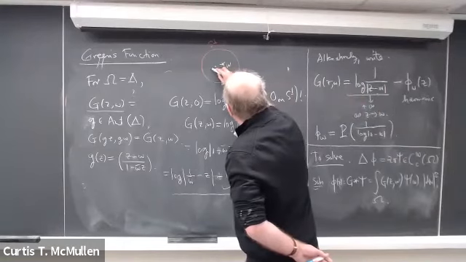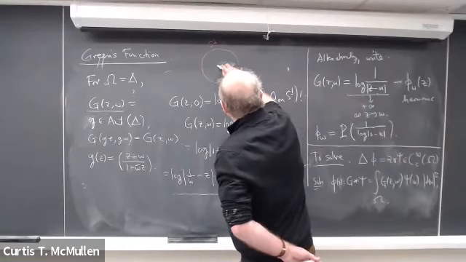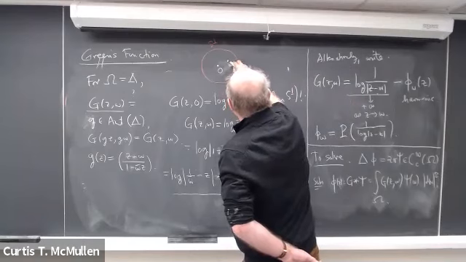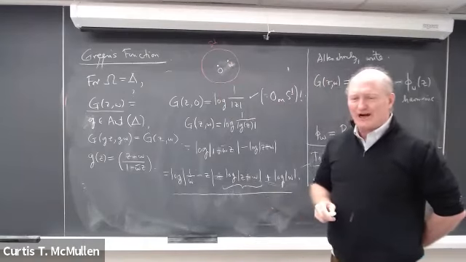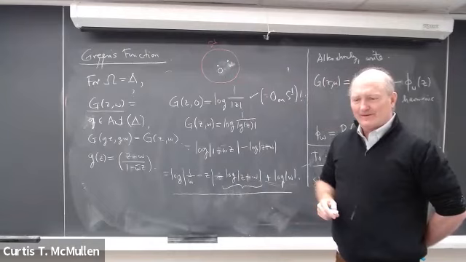Here's the origin. Let me make the picture a little clearer. Here's the origin, here's w. Where's 1 over w bar? It's the same argument as w, but with the radius inverted.